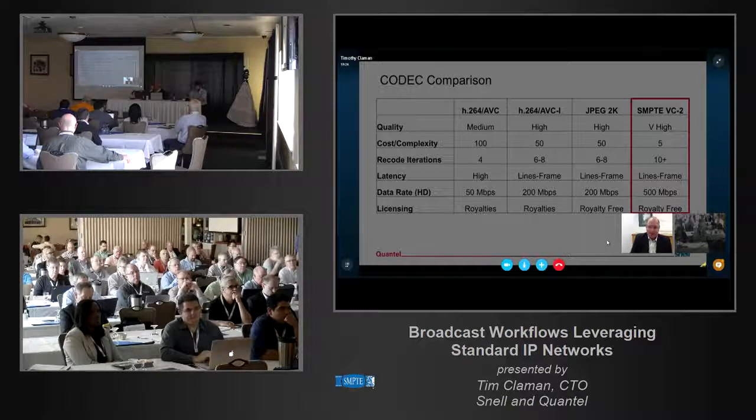It was also designed to survive multiple encode-decode iterations without significant signal degradation. And because it's unencumbered by intellectual property rights, it's royalty-free, which is appealing.